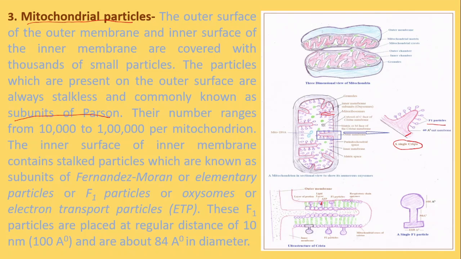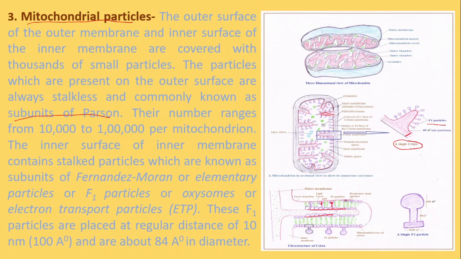Here you can see these are the F1 particles. The inner membrane contains these particles, and the outer membrane also contains these particles. The particles present on the outer surface are always stalkless and commonly known as subunits of Parson.